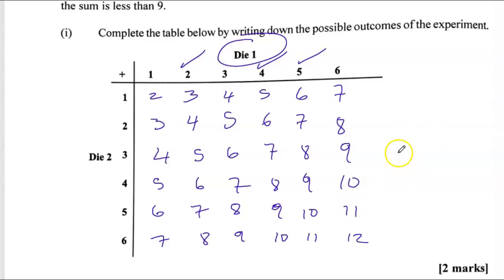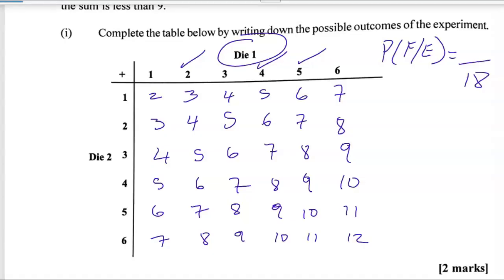So for the probability of F given E, we already know the denominator is 18. The sample space is 18, since for the first die to be even, it has to be either 2, 4, or 6, and in each of these columns you have 6, giving 18.